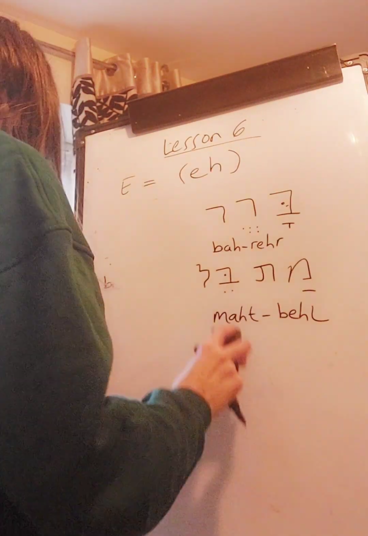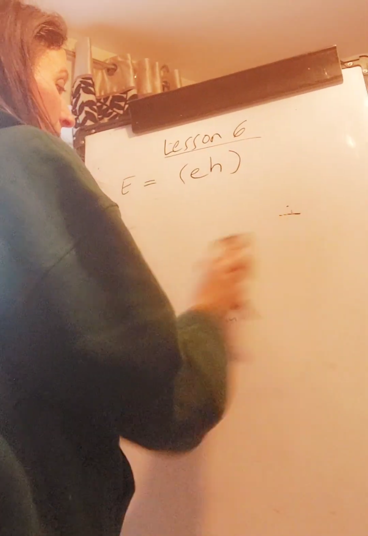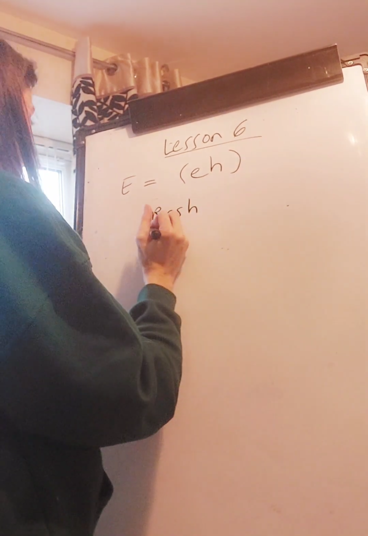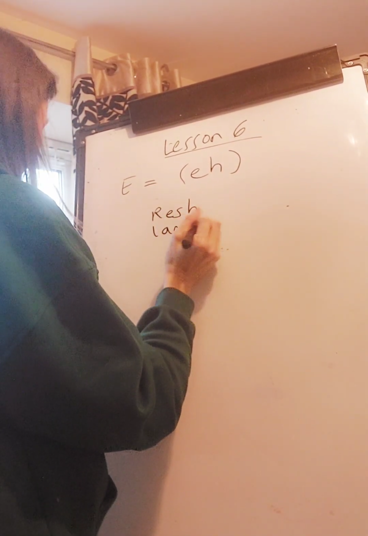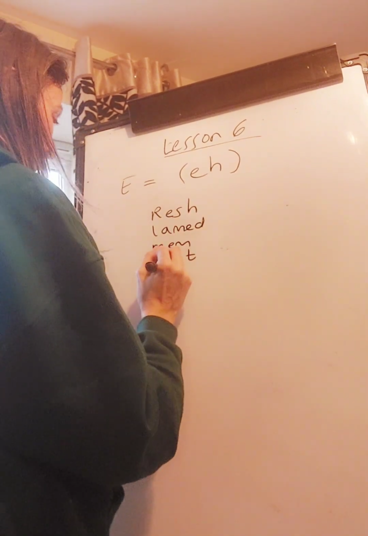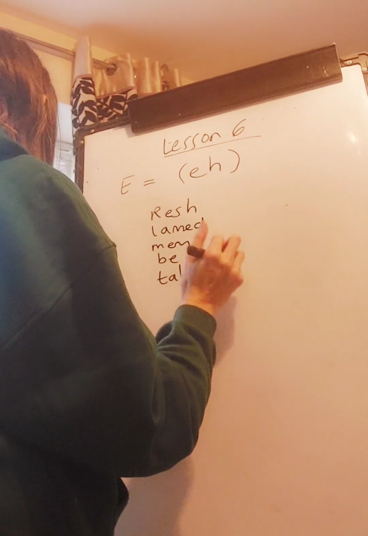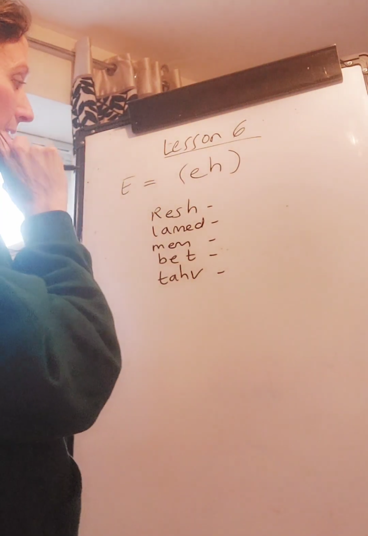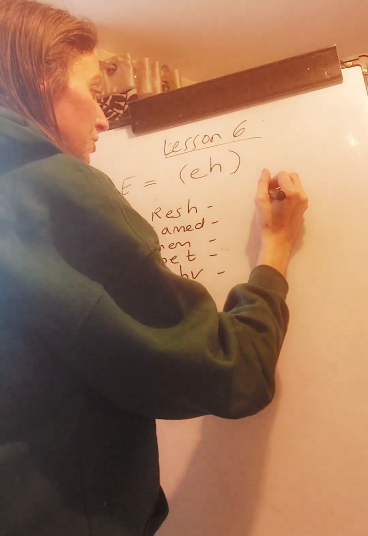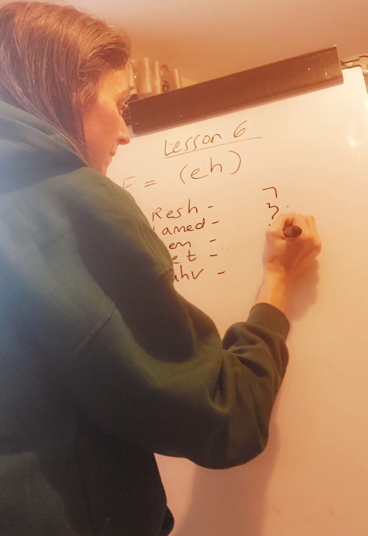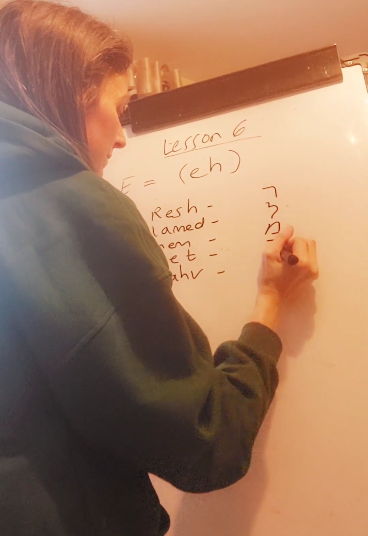Okay, so we're going to have a little test. Can you write the following consonants? And these are all the ones we've done from all our lessons. So I wanted to write the Resh, Lamed, Mem, Bet, and the Tav. Okay, so Resh, Lamed, Mem, Bet, Tav.